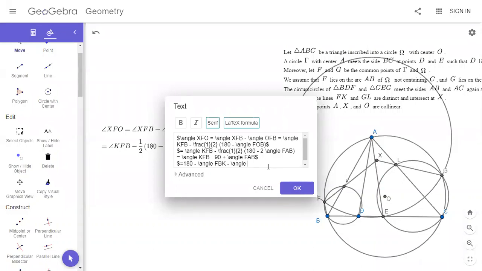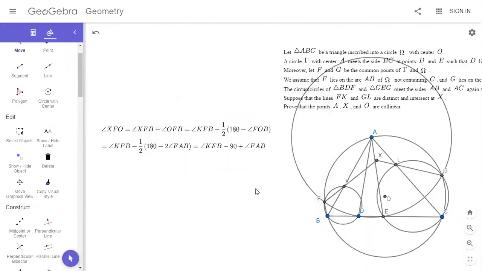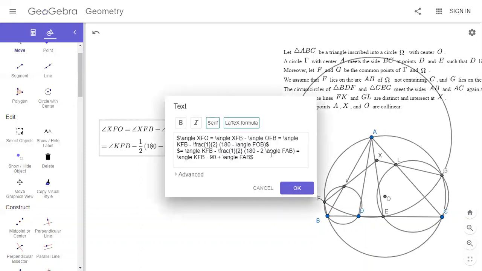I had an idea in my head. I forgot what my idea was. I feel like I had this. Let's see. Yeah, okay. I think I remember it now.